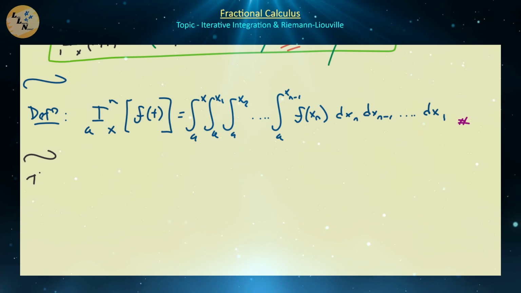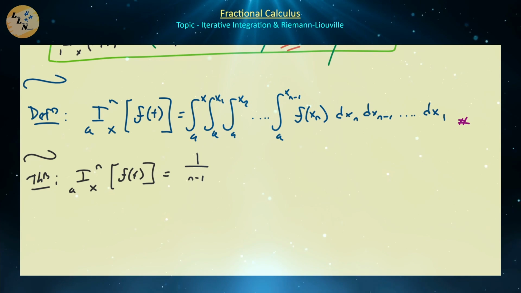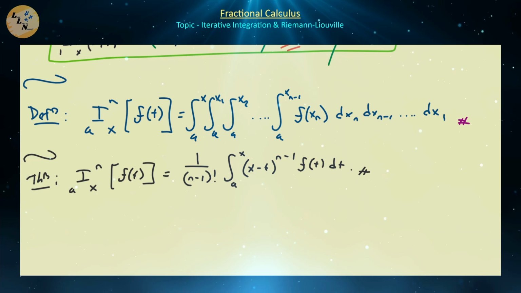So there's a nice little theorem that you may have encountered in single variable calculus, and that's the following. In particular, this operator that I've defined here is going to be equal to 1 divided by (n minus 1) factorial times the integral from a to x, so it's that primary integral that we're working with, of the function (x minus t) to the power n minus 1 times f of t dt.